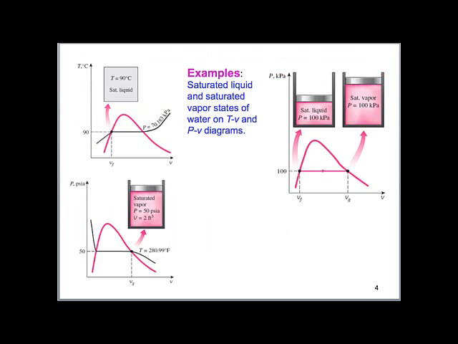So here's some examples. Here, just like we described before, this location is going to be describing the location of your saturated liquid. This location here is going to be describing the location of your saturated vapor. And here we have two different graphs. We have a PV diagram.